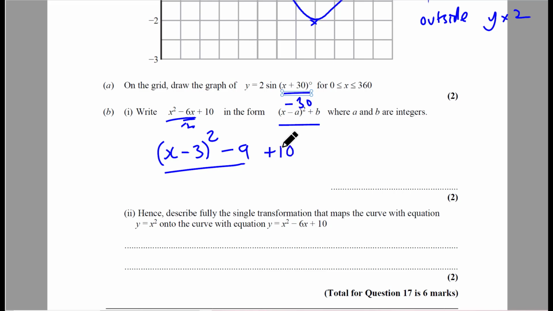Then we're going to plus the 10. So that simplified is just going to be x minus 3 squared plus 1. So where a equals 3 and b equals 1. They are both integers.